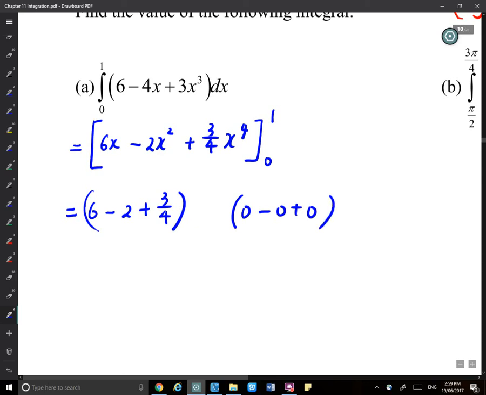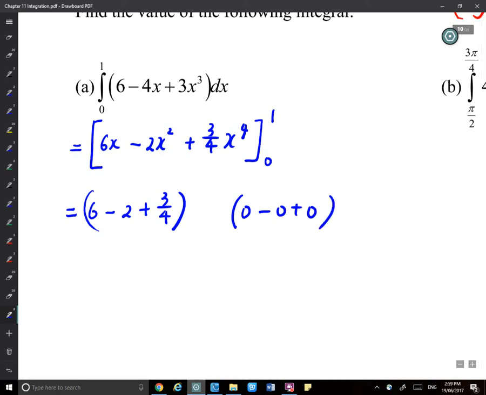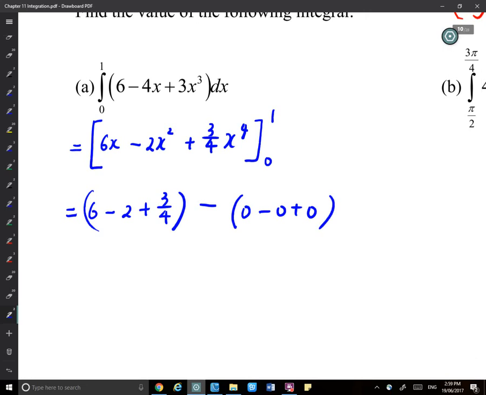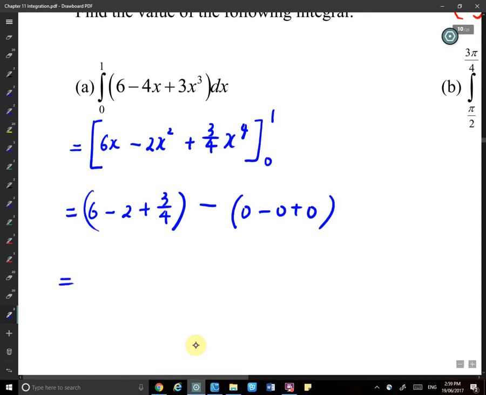It's quite meaningless, but I still need to write that out. The second bracket is when I sub 0 in. I will subtract between the two, and that will be the final answer. So it's 16 over 4 plus 3 over 4, that's 19 over 4.